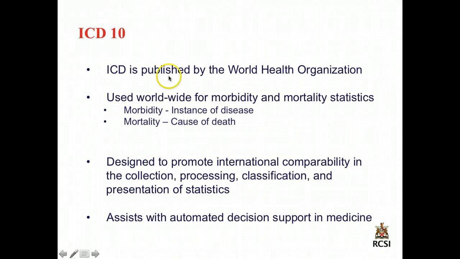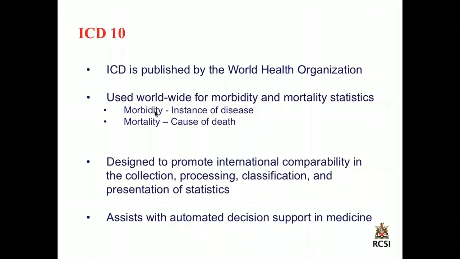It is used by most countries to define morbidity, the instances of death, so how many people died of what, and what was the cause of death. These statistics are published pretty much in every country in the world, because a lot of health policy is determined by this. Also, hospitals would define the numbers of patients seen with X or Y condition.